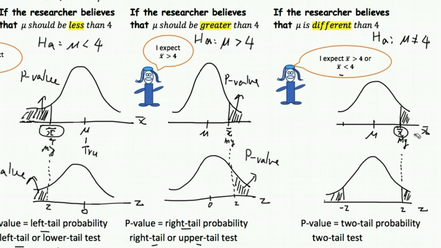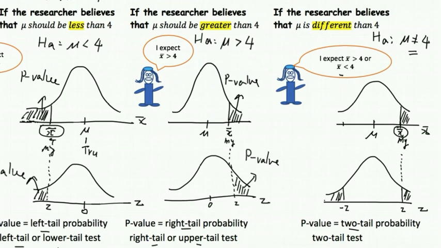So let's assume that our sample mean will be bigger than 4, so on the bigger side of mu. Now, the key thing is, when we have this type of alternative hypothesis, this is a two-sided hypothesis because of the not equal to sign.